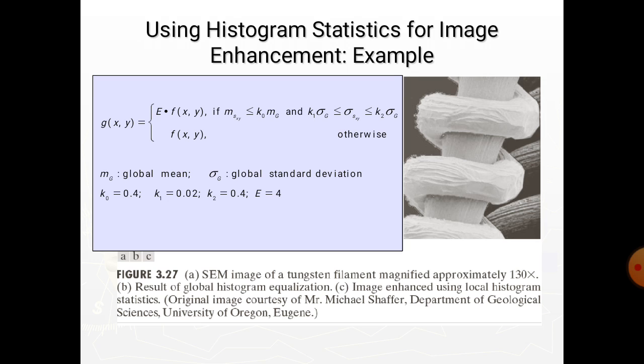The value of this constant will be greater than 1.0 if we are interested in enhancing light areas and less than 1.0 for dark areas. We need to restrict the lowest value of the contrast, otherwise the procedure would attempt to enhance even constant areas whose standard deviation is 0. So we also set a lower limit on the local standard deviation by requiring k1 σ_G ≤ σ_Sxy, with k1 less than k2.